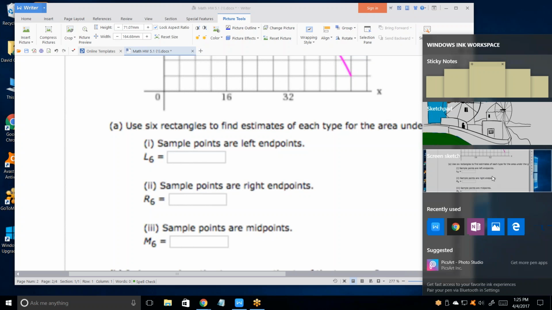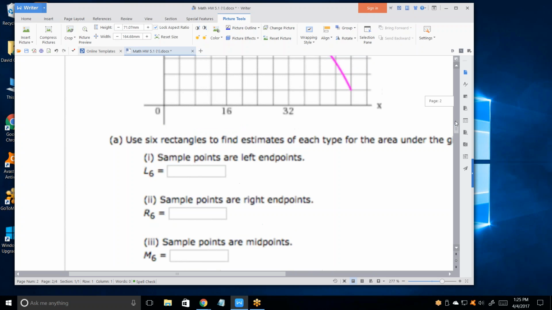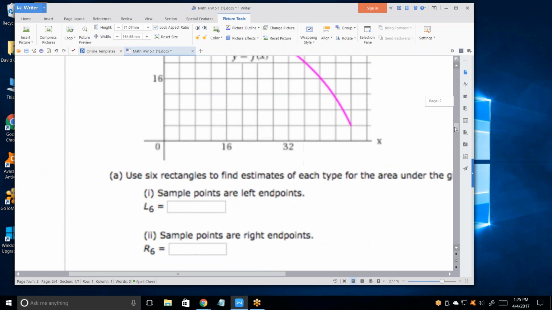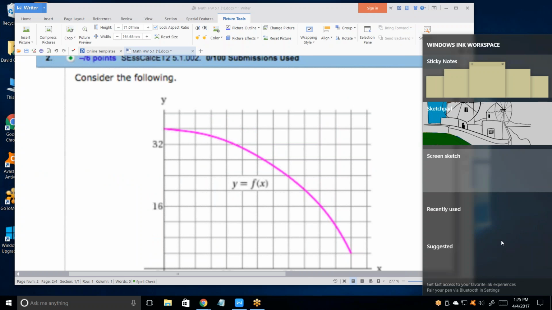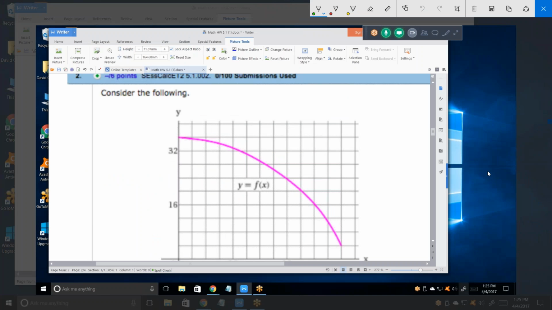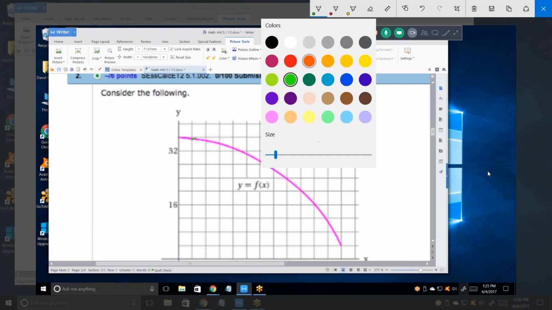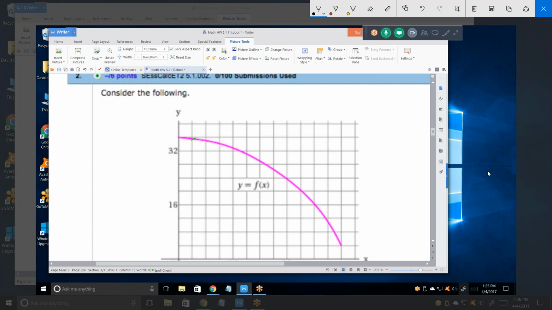Okay? Let me just real carefully show you how mid ram would look. In other words, I'm going to take my rectangle, and instead of centering it at the left corner or the right corner, I'm going to center it right in the middle, right there, such that my first rectangle looks like that.